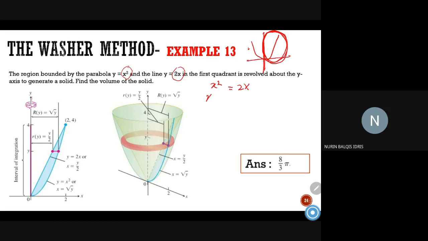So you bring this x square minus 2x equals to 0. So you will get x minus 2 equals to 0. So we have two intersection points where at x equals to 0 and x equals to 2. So when x equals to 0, y is equals to 0. When x equals to 2, y is equals to 4.